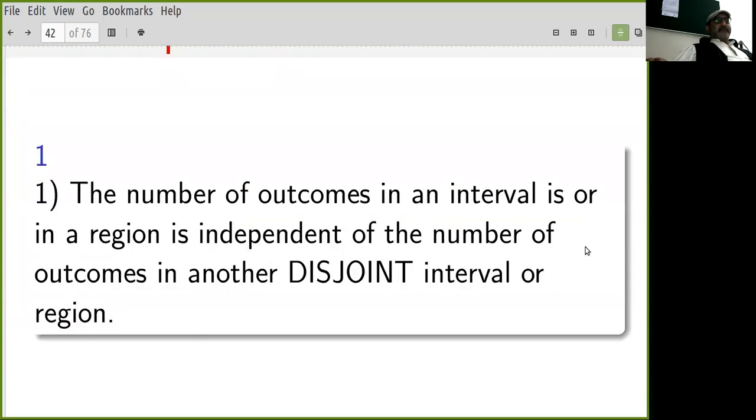Some assumptions: the number of outcomes in an interval or in a region is independent of the number of outcomes in another disjoint interval or region.